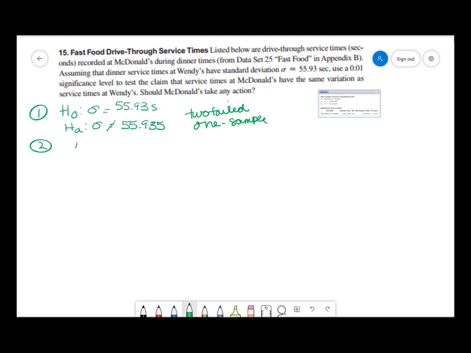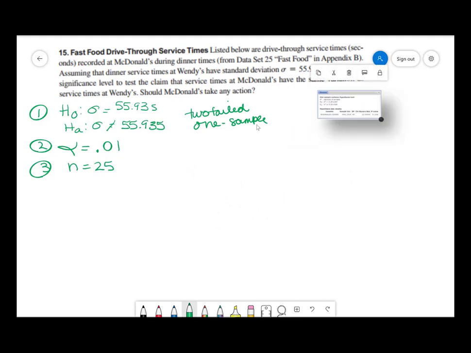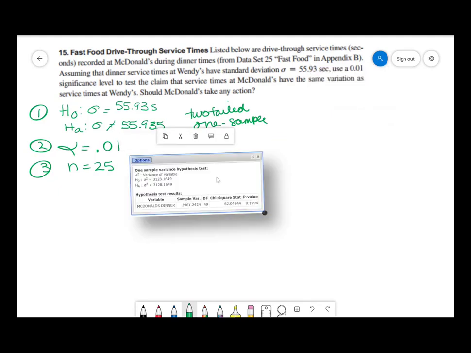Step two, my alpha level is 0.01. And step three, I can go ahead and summarize my data. I had 25. We did not do descriptive statistics, so I'm just going to pull in my data from StatCrunch.